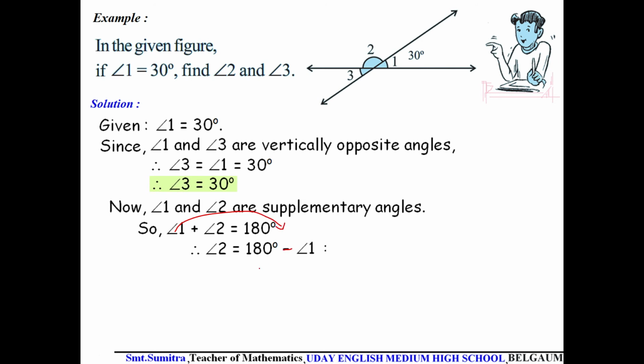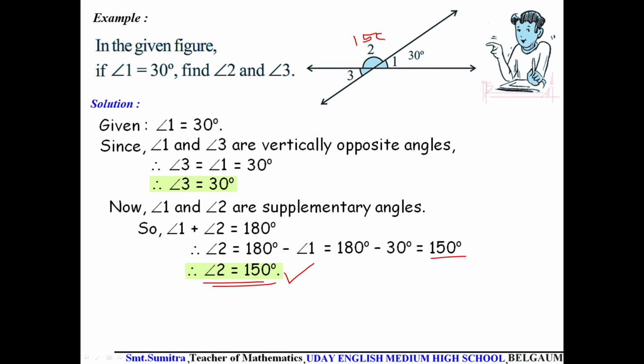So 180 minus angle 1, which is 30 degree, as given here. 180 minus 30 is 150 degree. Therefore, angle 2 is 150 degree. And angle 3 is 30 degree, vertically opposite angles. This is the complete answer.